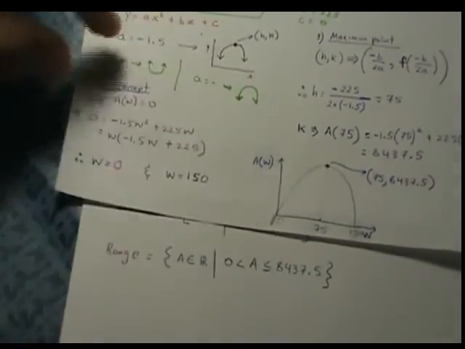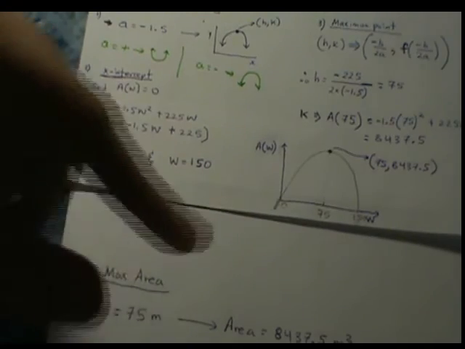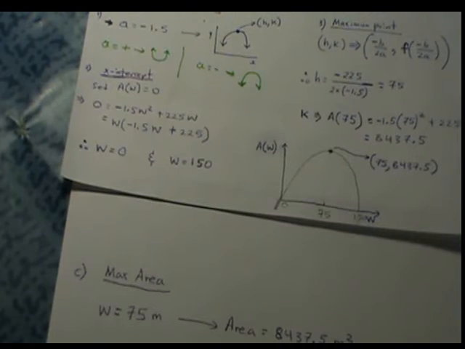And for part C, it says that we have to find the dimensions that give the maximum area. So we've already determined that. We can see that by making a graph, it becomes much easier to solve the problem. It's asking for the dimensions that give the maximum area.